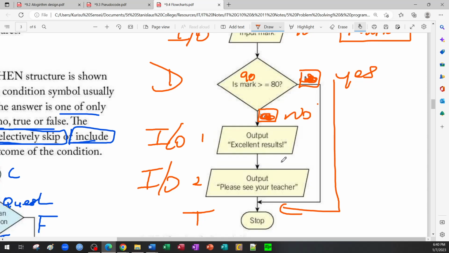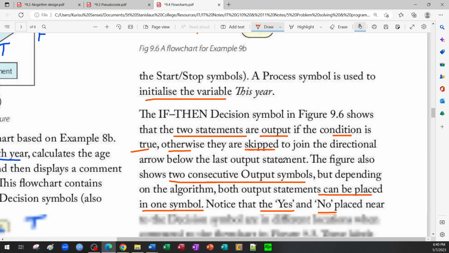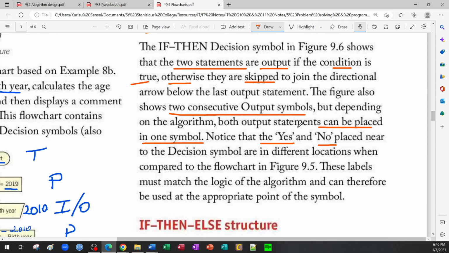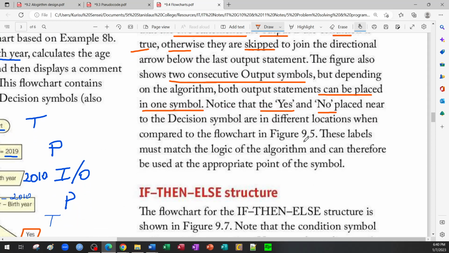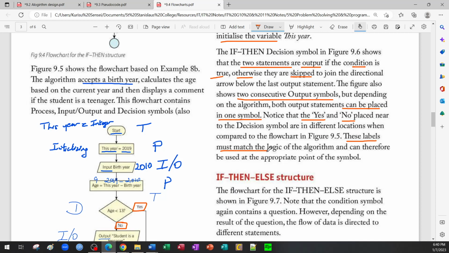You would place the yes or no in whichever direction and connect it to the lines you want. These labels must match the logic of the algorithm and can therefore be used at the appropriate point of the symbol. So it all depends on what you want.